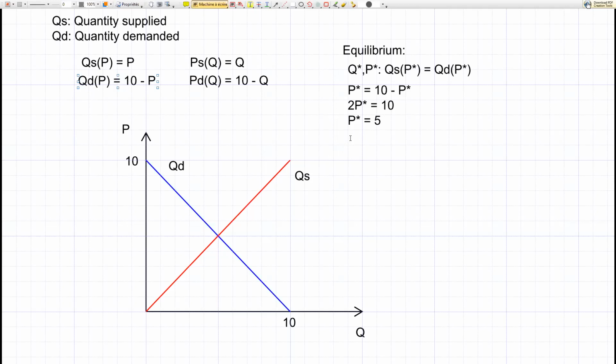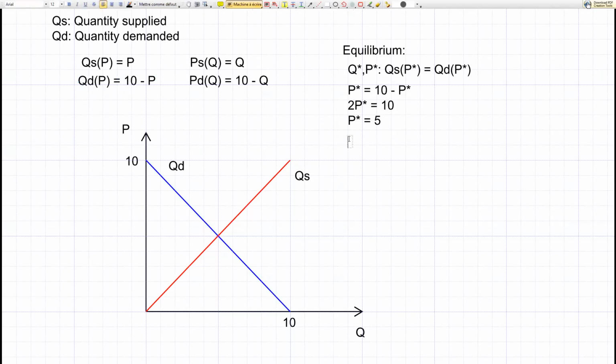Yeah, and then how do I find what is Q star? Somebody knows? You just use one of the equations to find Q from P star. Yeah, exactly. So I have P star here. I just substitute it here or here, for instance. Let's say I use this one.